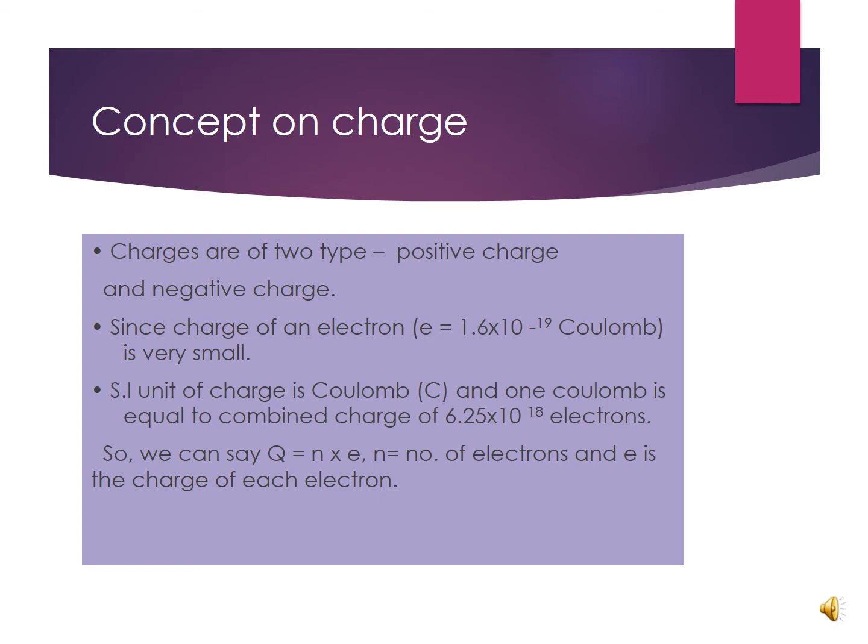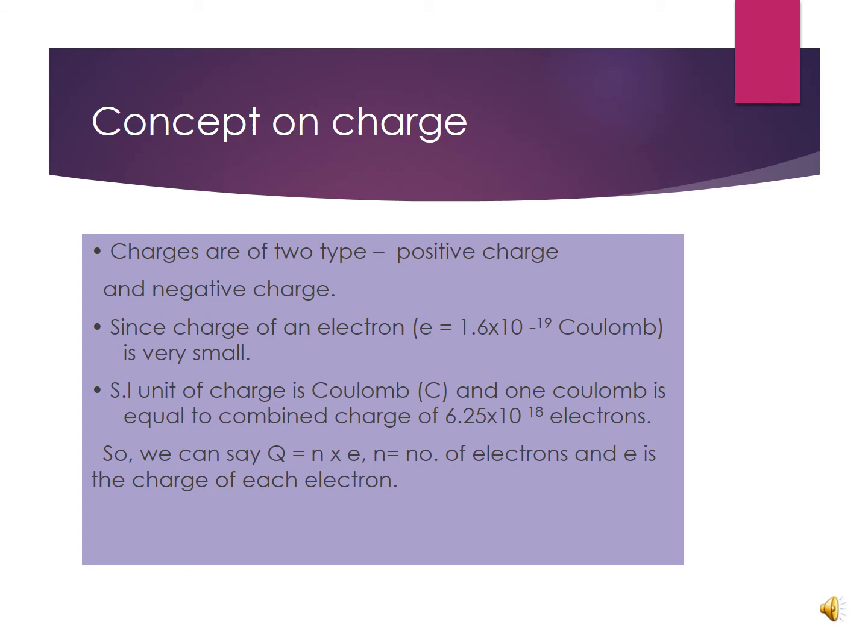So now we know that the SI unit of charge is coulomb, which is represented by capital C, and 1 coulomb is equivalent to the combined charges of 6.25 × 10^18 electrons.